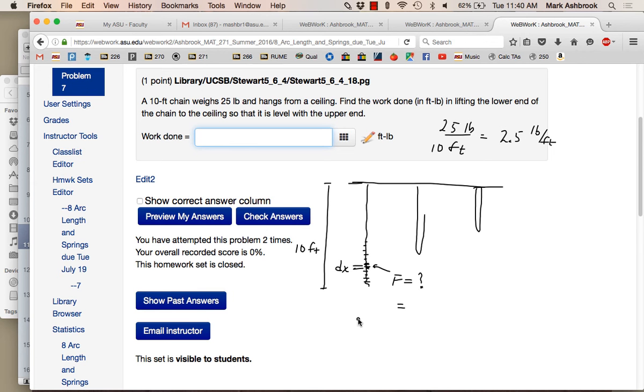Or what's the force of gravity on that little bit of chain? 2.5 dx, right? It's going to be the pounds per foot times the number of feet. So dx is a number of feet. It's a very small number of feet times your 2.5 pounds per foot. It's going to give you the weight or the force of a little bit of chain.